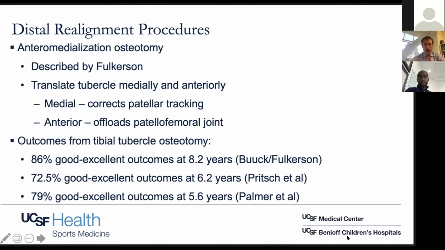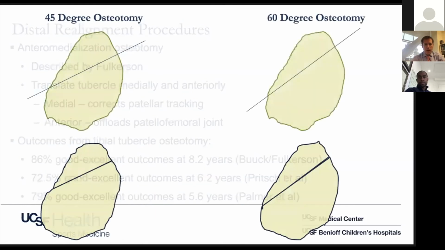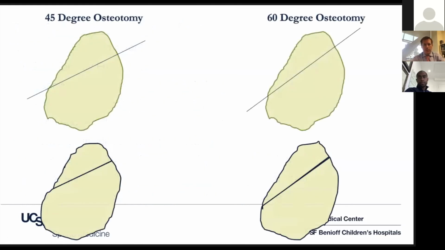And then overall outcomes, there's a wide range of studies describing them, but really in that 80+% range of good to excellent outcomes at medium-term follow-up. And then with these osteotomies, you can change your level of osteotomy cut based on exactly what you're trying to achieve. So I just have two examples here. If this is looking at the tibia in cross-section, tubercle here anteriorly, and posterior here.